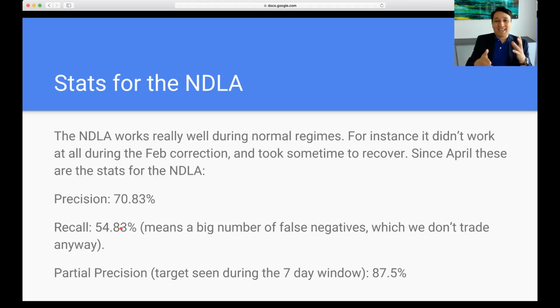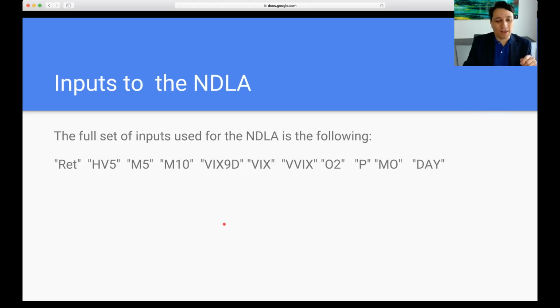In this case, I don't care. Some of you might care, because you tend to use these things for the craziest purposes. The NDLA is only for positive signals, but I know a bunch of you also look for negative signals. But we have a bunch of false negatives, and I don't trade them. So to me, low recall really doesn't matter.